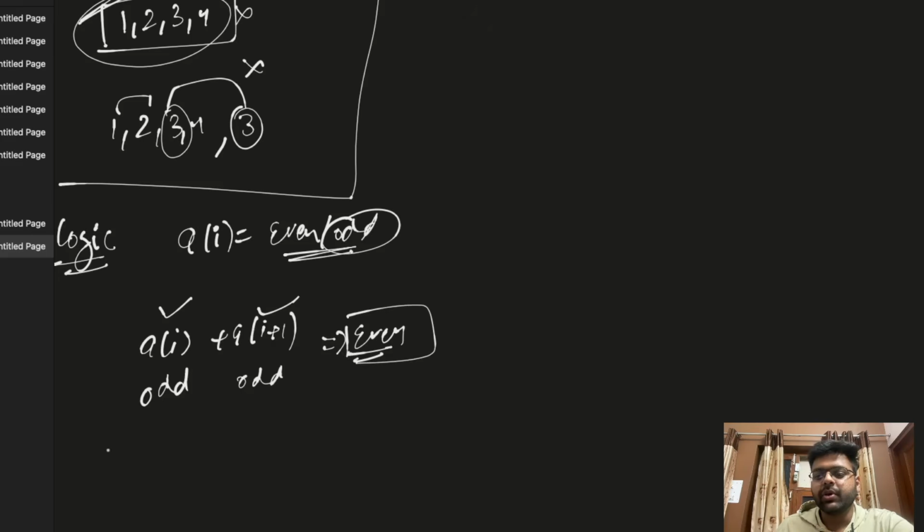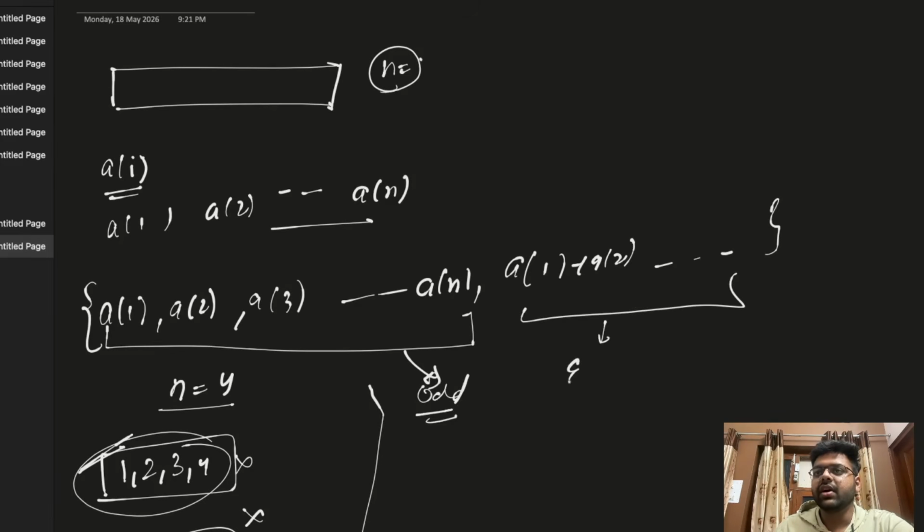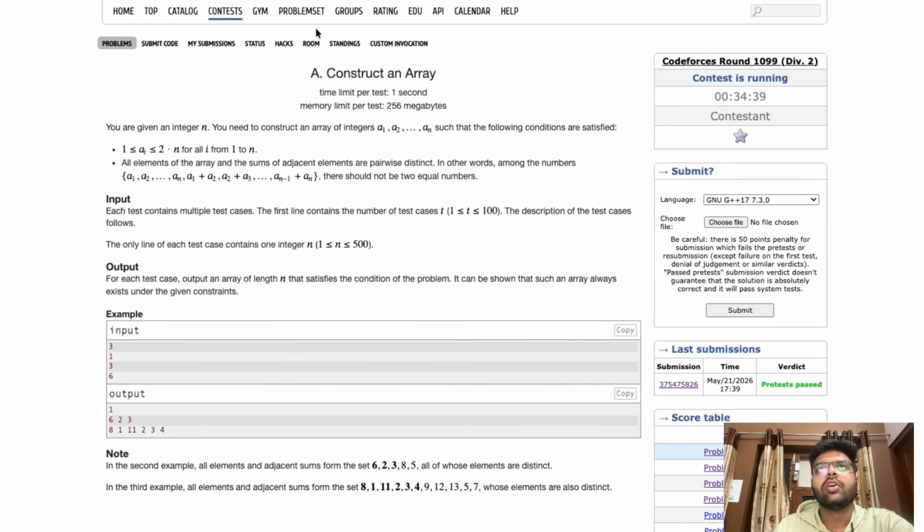So what we would be doing is taking all the odd elements in 1 to 2n as the array elements. These would all be odd and distinct from each other, and the sums would all be even, distinct from each other, and distinct from the elements themselves as well.